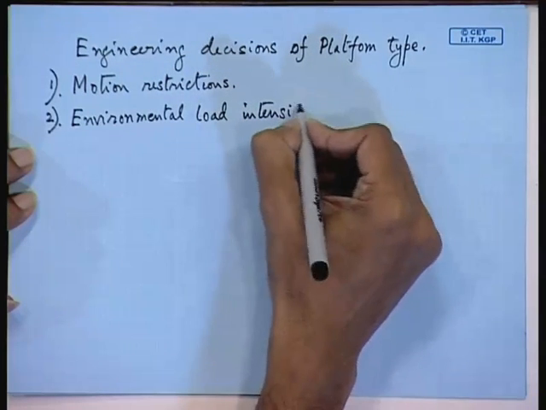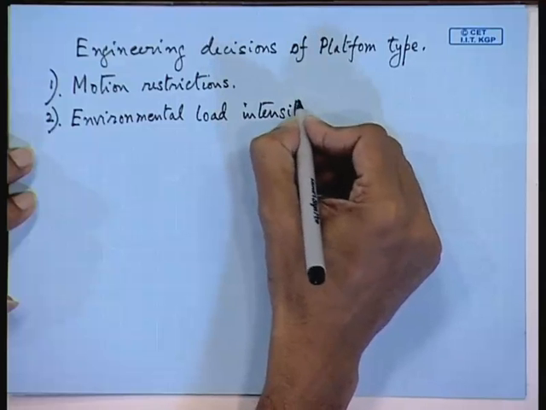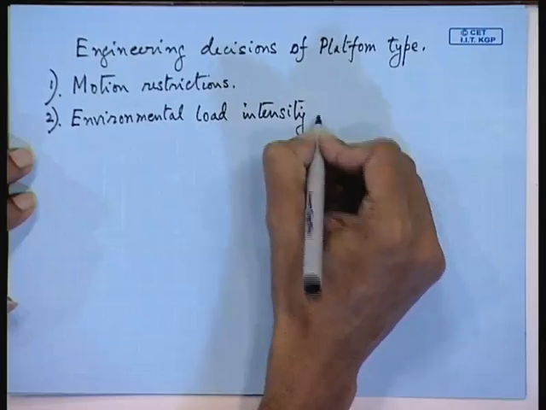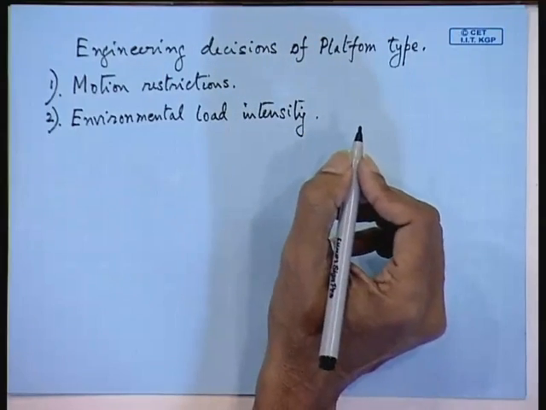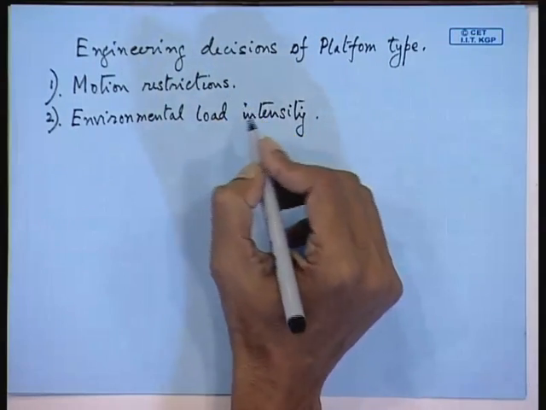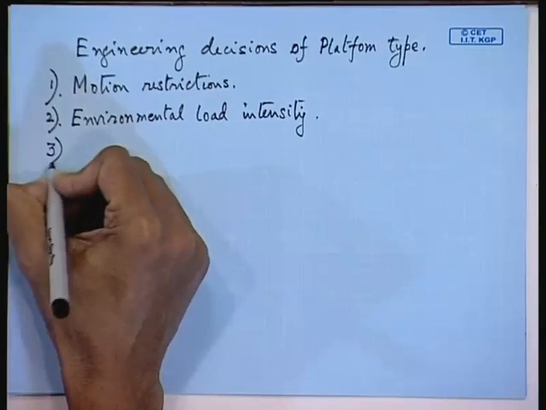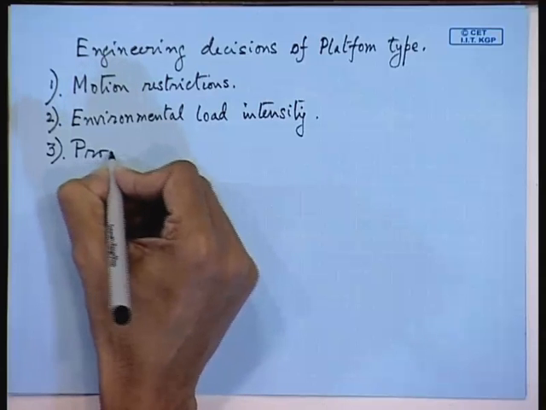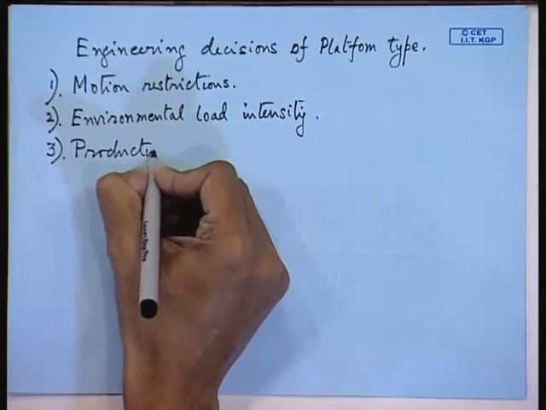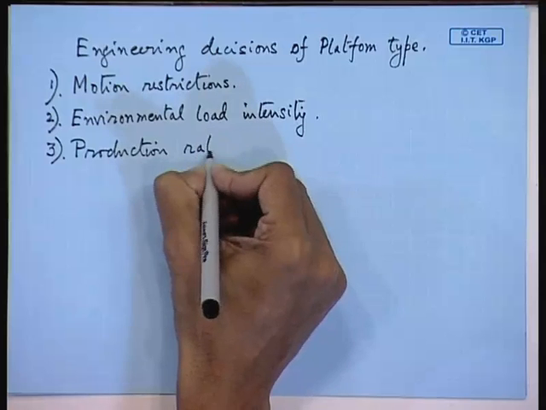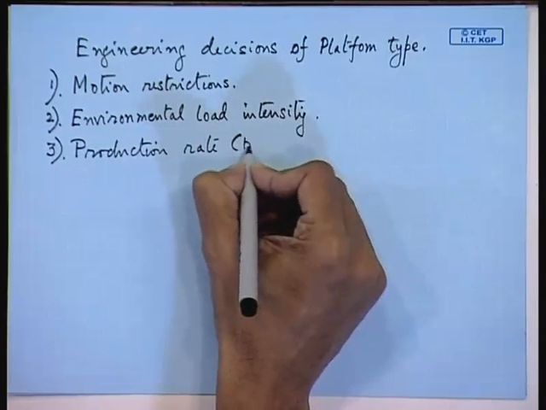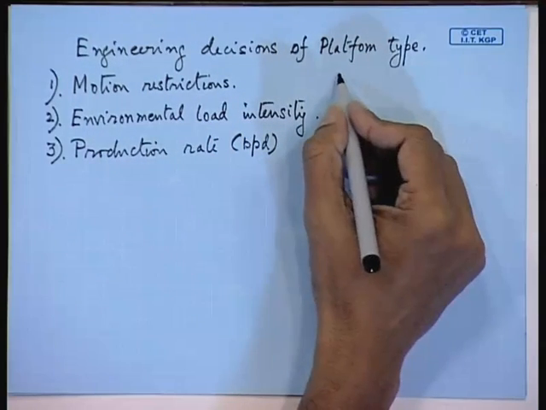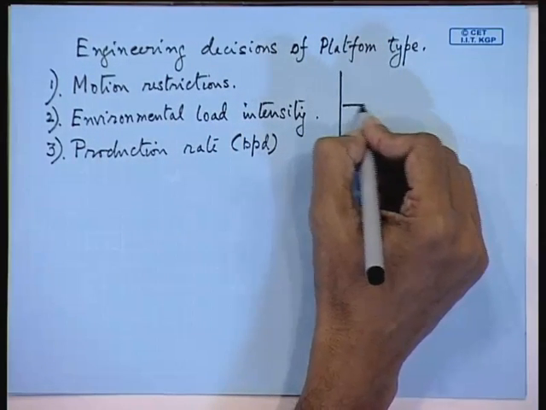That is why I talked about the wave, that is the wave spectra. Environmental load incident, motions, environmental loads. 3, production rate, BPD. There are 3 very important parameters I am telling you. This is for platform design.